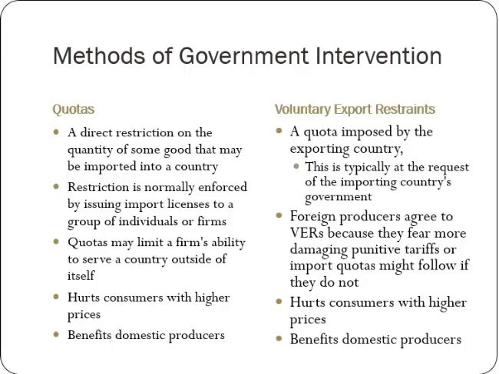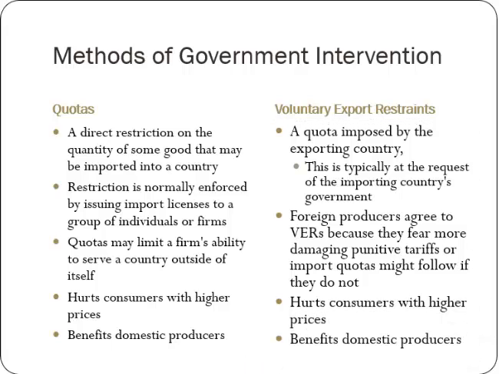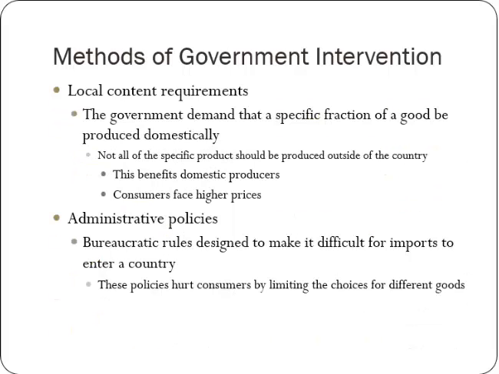But sometimes producers agree to export restraints because they don't want the importing country to restrict them. For example, a country that's afraid that a country might impose a tariff might say instead, okay, we'll voluntarily limit exports to your country in exchange for you not imposing tariffs on our inputs. And that also benefits producers and hurts consumers for the same reason. It decreases competition and therefore eventually is going to increase price.